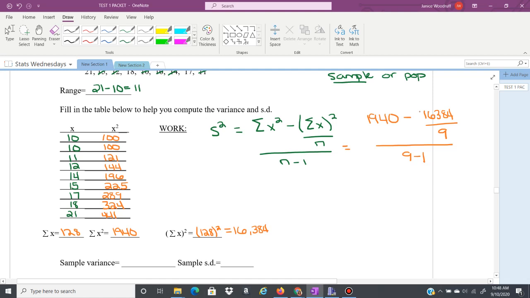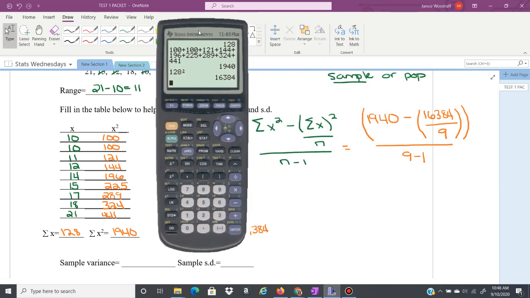All right, so what I want to do here, I can add some grouping symbols just to help me with order of operations. I'm going to do the top first. In the top, I want to do the division before I do the subtraction. So that's going to give me 16,384 divided by 9. And then I'm going to do 1940 minus that number. So I'm going to go minus second answer, and then enter.